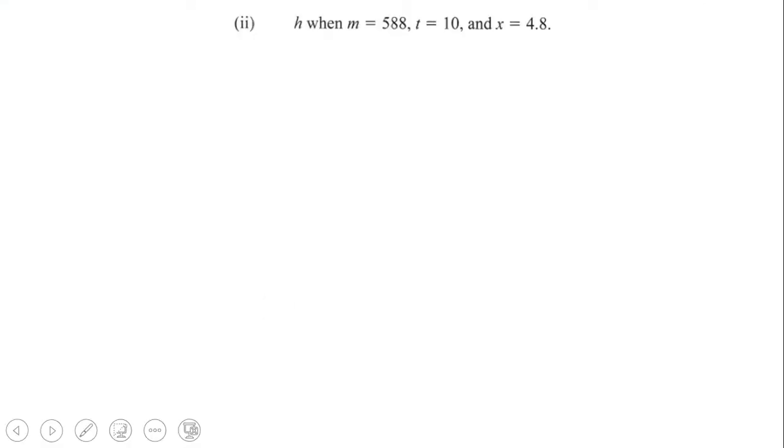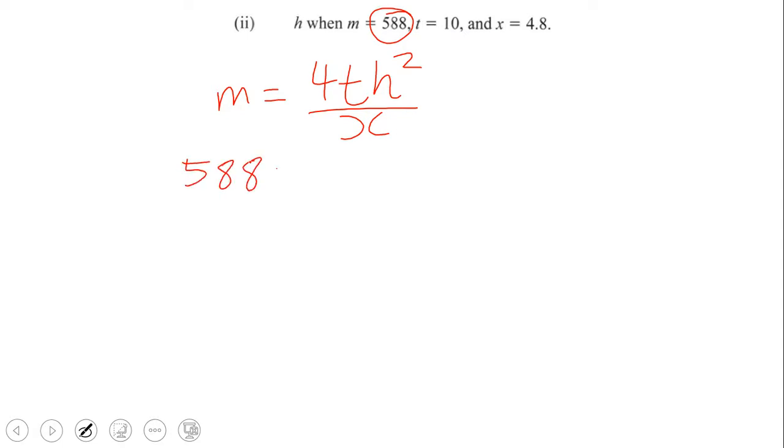Based on the question, we know that the formula given to us is M equals 4TH squared, all divided by X. Now we know that M is 588, we still have the 4 there, T is 10, and X is 4.8.